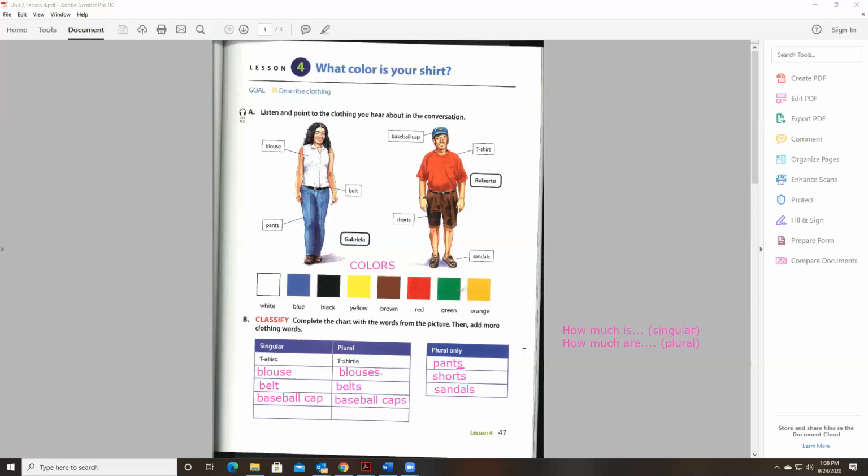Shorts, you have 2 legs. Tienes 2 piernas. Okay, sandals, you have 2 feet. Another example would be sunglasses. Lentes de sol, right? You have 2 eyes. Tienes 2 ojos. Okay, that is how I remember singular or items that are plural only.